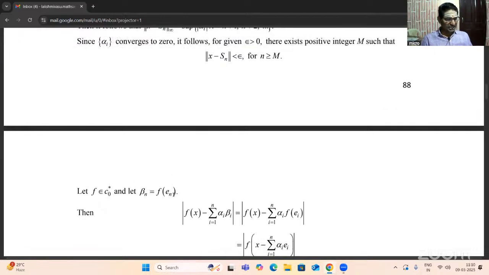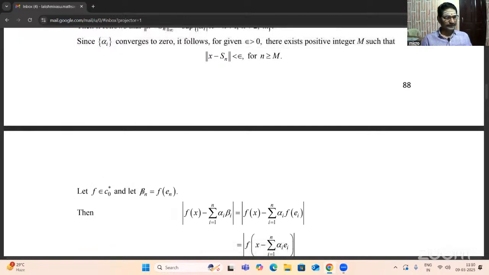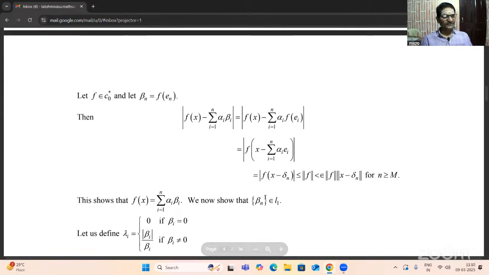So that can be stated as the absolute value of f of x minus the summation of alpha i beta i, which equals mod f of x minus the summation of alpha i f of ei, replacing beta i with f of ei. So f is common, and the expression is x minus summation alpha i ei. Now that value is the absolute value of f of x minus del n.